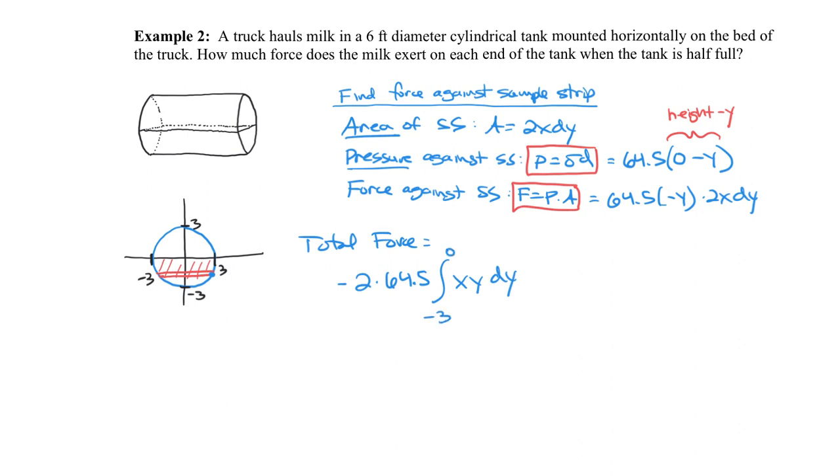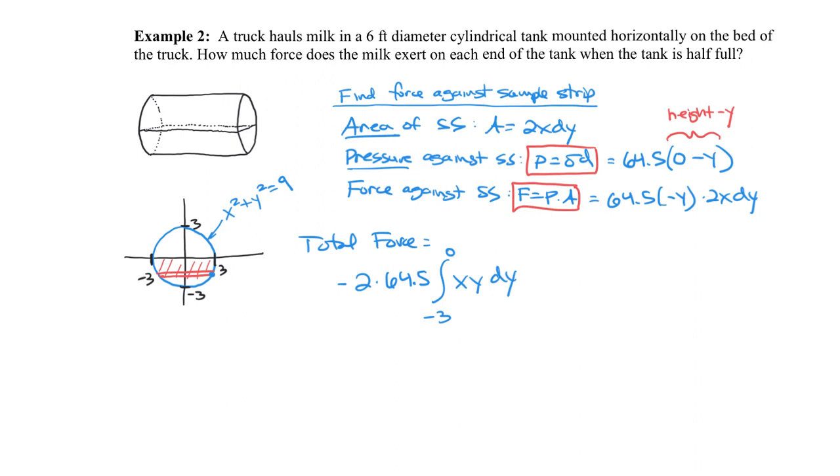And then we need to figure out what to do with this x, right? It's a dy problem. We need to get rid of this x. So we'll go back to this. So if I look at this, this is an equation of a circle centered at the origin with radius 3. This is going to be x squared plus y squared equals 9, right?